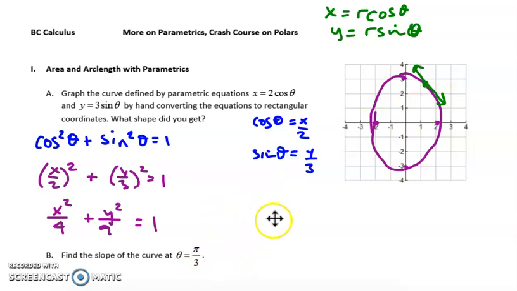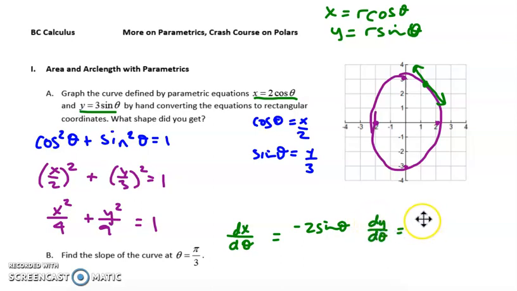Well, just like we did with parametrics, we take our parametric equations and we find dx d theta and dy d theta. No longer is our independent variable in terms of t, it is now theta. So dx d theta is going to be negative 2 sine theta, of course, because cosine differentiates to negative sine. And then dy d theta is going to be 3 cosine theta because sine differentiates to cosine.